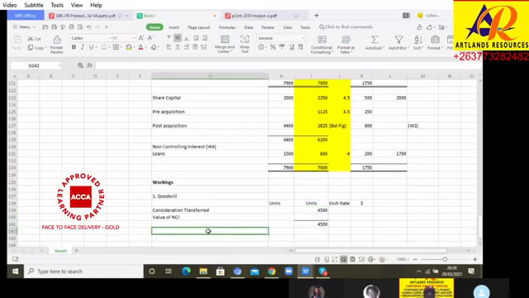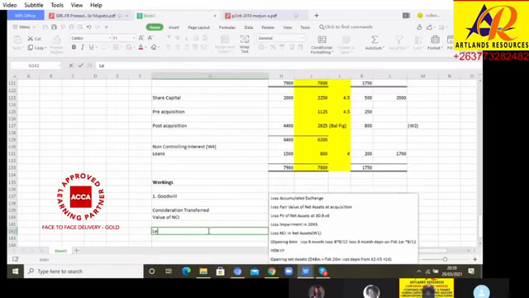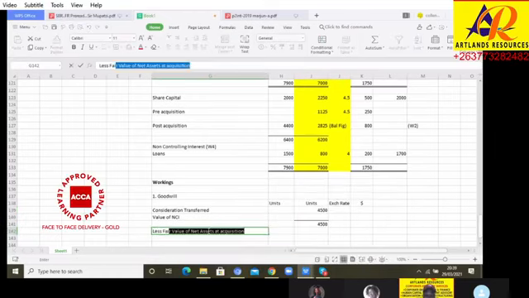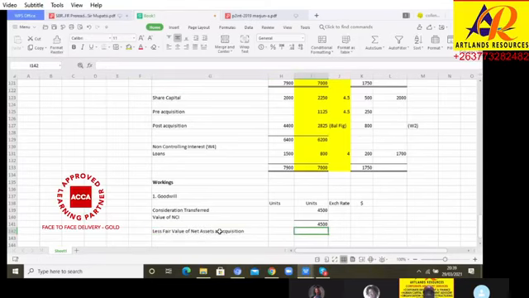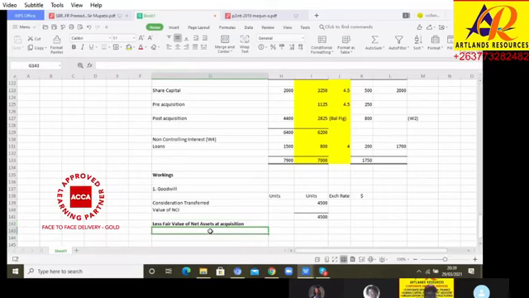You must first get the net assets. And then you say less fair value of net assets at the date of acquisition. Now, the fair value of net assets, you take share capital and pre-acquisition reserves. You say share capital. Everything, you already have it from this working.